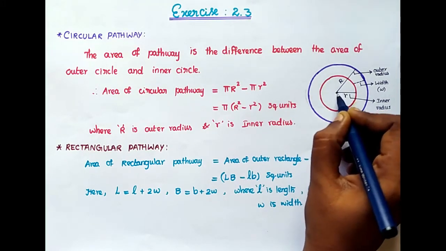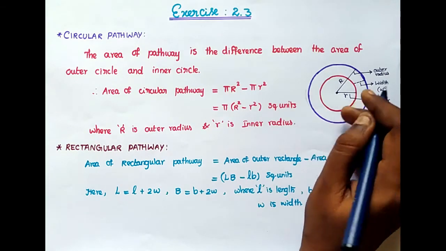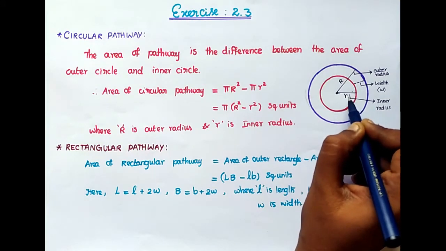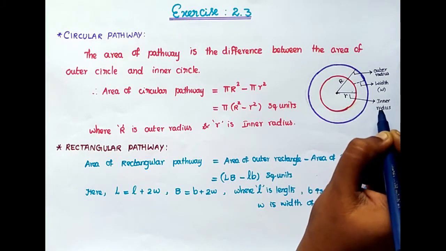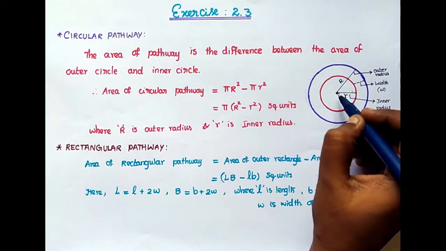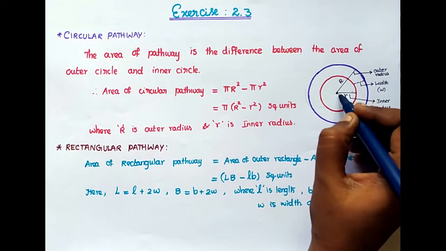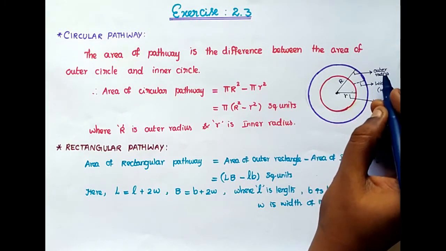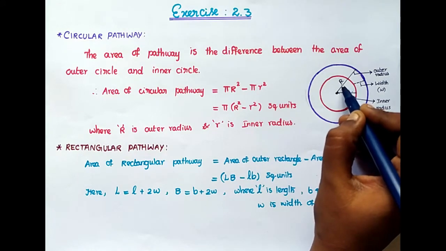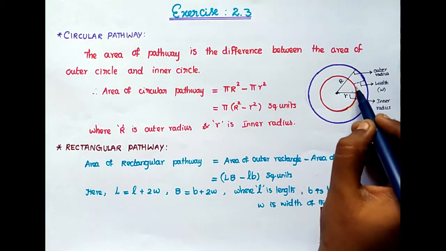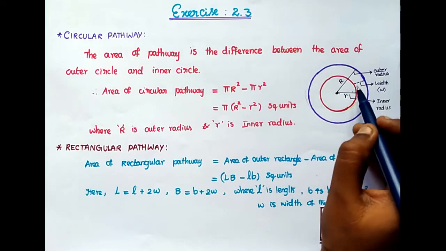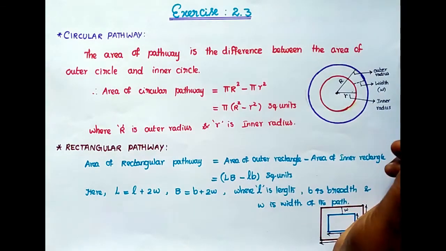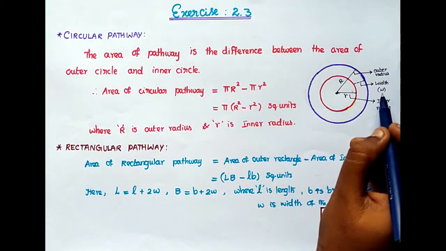From the center point to the inner circle, that is the inner radius, small r, and the distance between the center point and the outer circle is called the outer radius, denoted by the letter capital R, and the difference between the outer circle and inner circle is the width, denoted by the letter W.